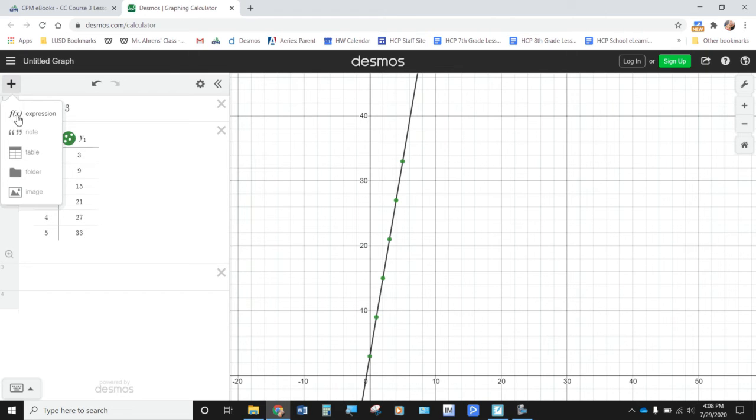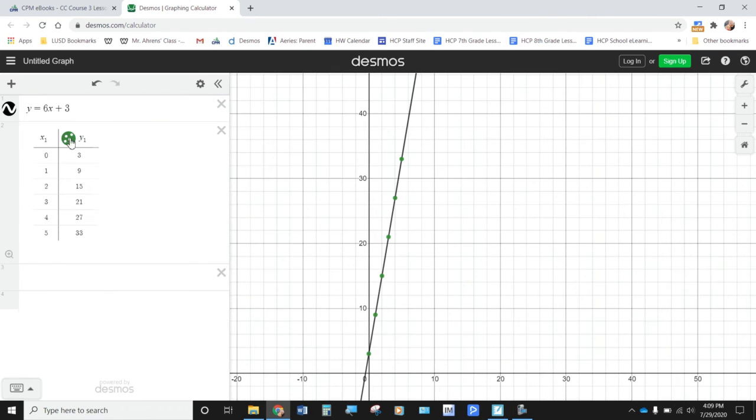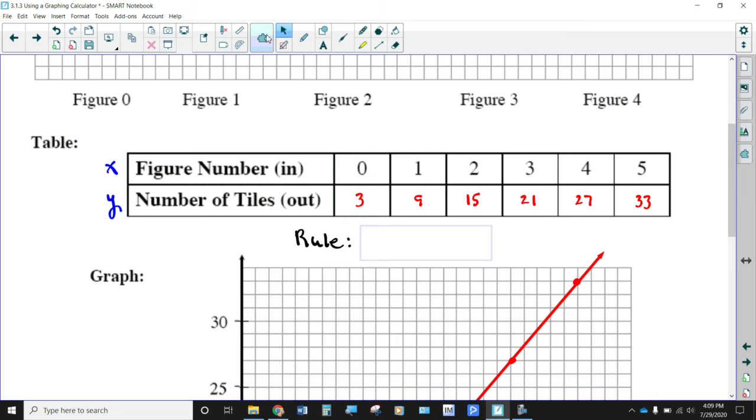That's another way of expressing y, but this is function notation. You don't know what that means right now, and that's okay. You'll learn it later. But this is what you would use to create a rule, and this is what you would use to create a table. And those two working in conjunction with each other can help you determine whether or not you've got the correct rule for this table of values. So as it turns out, the rule was y equals 6x plus 3.